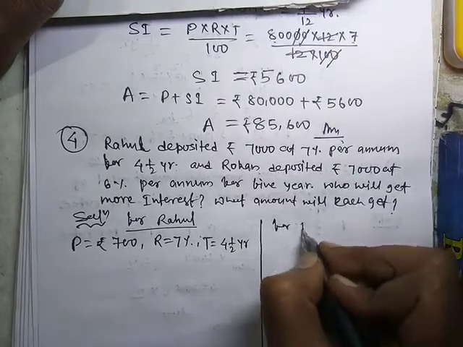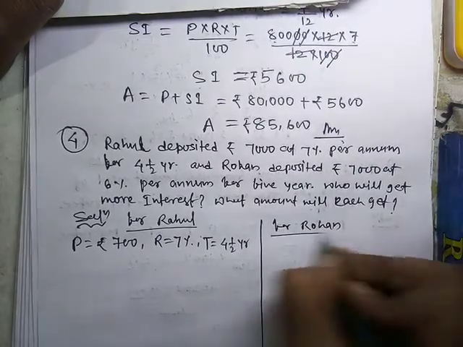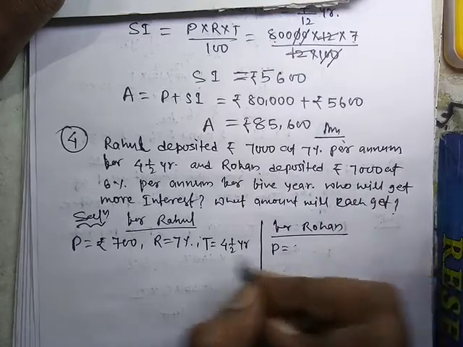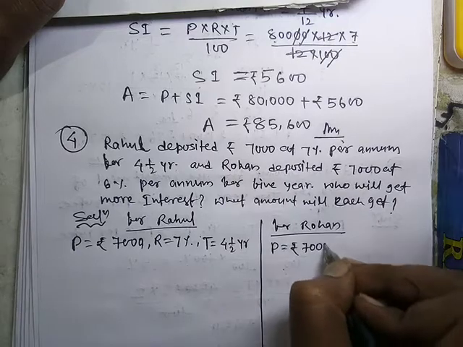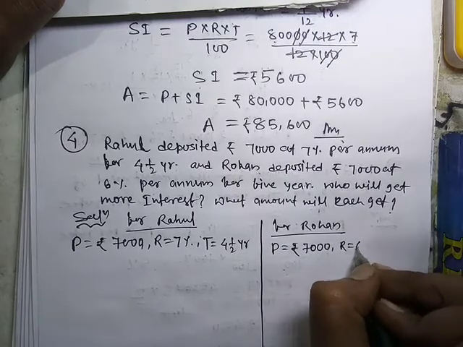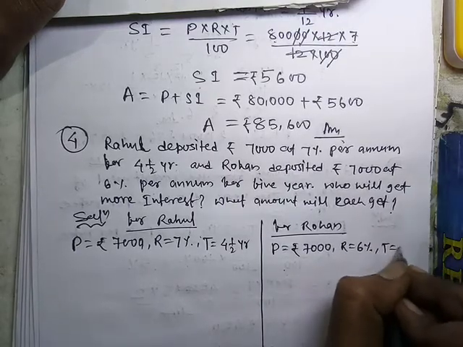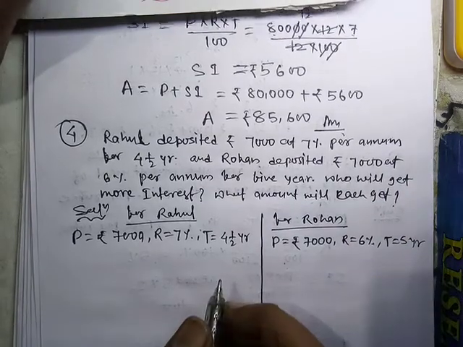And for Rohan, principal is equal to rupees 7,000, R is equal to 6%, and time is equal to 5 years.